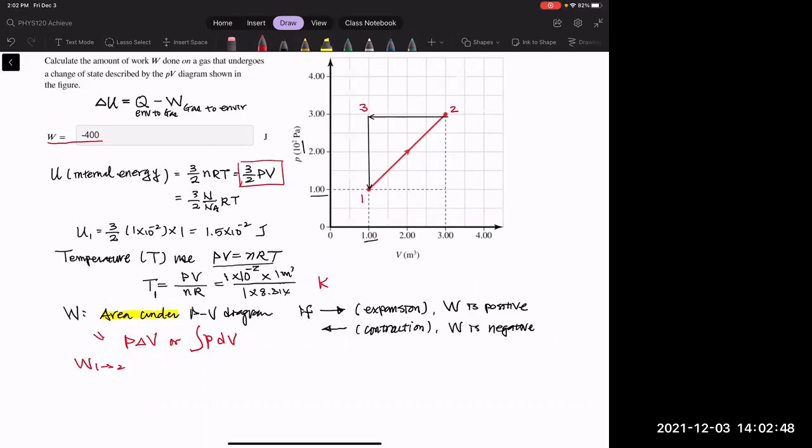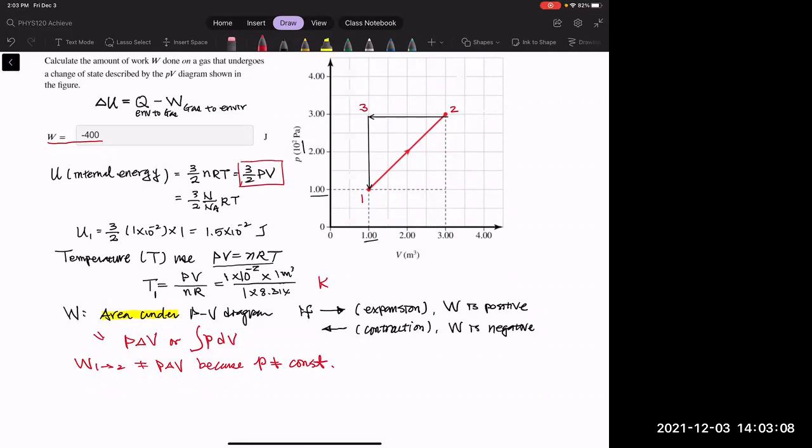And you cannot use PdV. The reason is because P is not a constant. Okay, the change of volume, you can still find the change of volume is from 1 to 3.